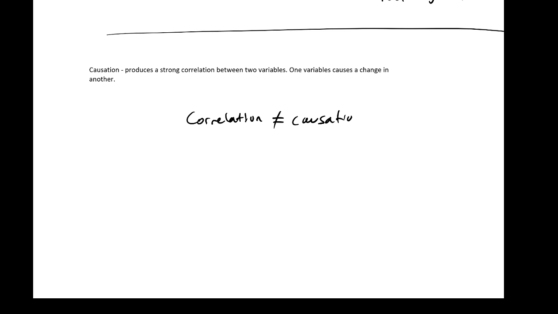Okay? One thing that we do need to make sure that we establish is that correlation and causation are not the same thing, okay? Just because something is correlated doesn't mean that it causes the other thing, okay?